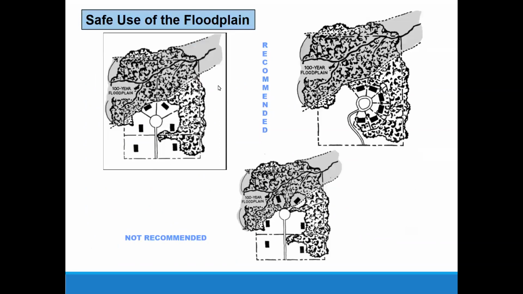All right, there are pictures of some subdivisions in the floodplain, and it says recommended. There is no hard and fast rule from FEMA that says you can't have subdivisions in the floodplain. But when you're drawing out your subdivision lots, I want you to look at these three pictures. In picture number one, the little black boxes represent the houses. The two houses to the north, the upper part, are not in the floodplain, but they're just barely not in the floodplain.